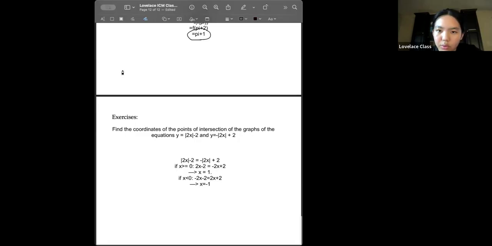So we have our two solutions, x equals 1 and x equals negative 1. The points of intersection are: if we plug in x equals 1, we get y equals 0, and if we plug in x equals negative 1, we also get y equals 0. So these are the 2 points.